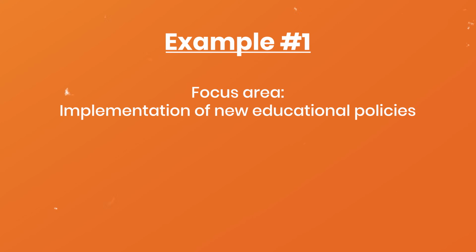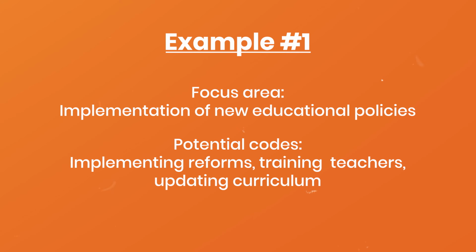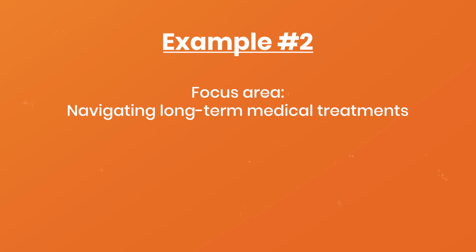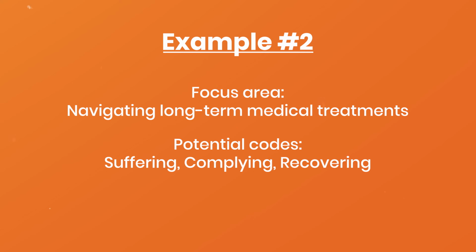For example, in a study examining the implementation of new educational policies, you might use codes like implementing reforms, training teachers, or updating curriculum. Similarly, if you are analyzing the experiences of patients navigating long-term medical treatments, you might use codes such as suffering, complying, or recovering.